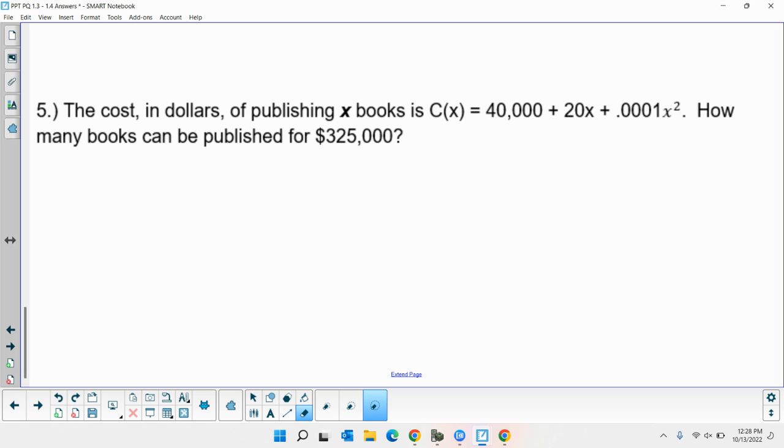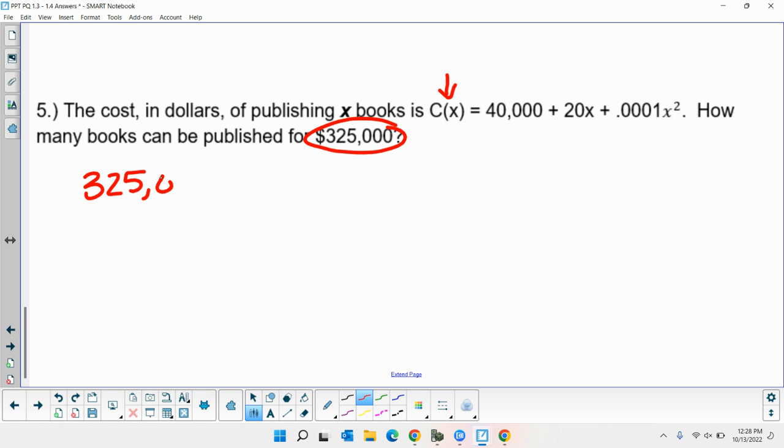X, we're trying to figure out how many books we can publish, is this: the cost equals this equation. All right? Well, what's the cost we're looking at? 325. So that just goes in place of that C, or C of X. All right? So here's the problem that we have to solve.